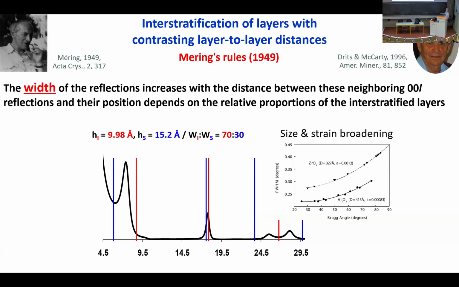Here I have broad peaks, sharp peaks, broad, etc., depending on how far reflections from blue and red components are from each other. If they are far from each other, I have a broad line. If they are close to each other, I have a sharp line.